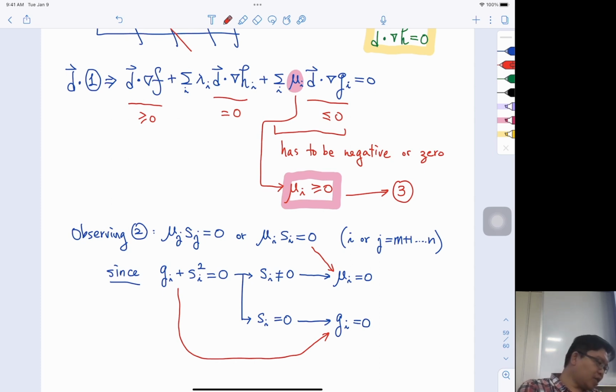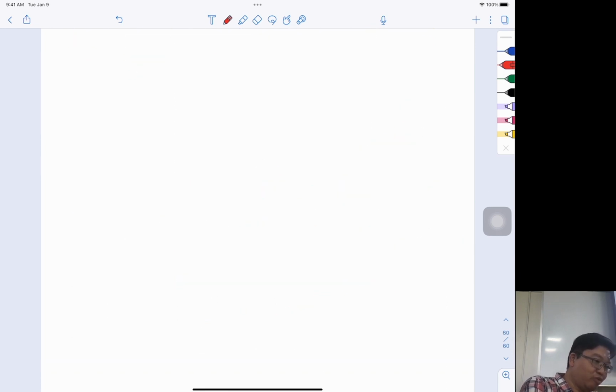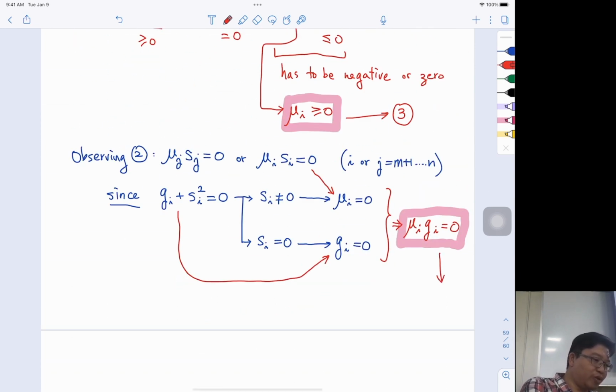So in all possible situations, either mu I is 0 or gi is 0. So we end up with a conclusion. Mu I gi must be 0. That could be a general equation that covers all kinds of situations. That would be my fourth one.